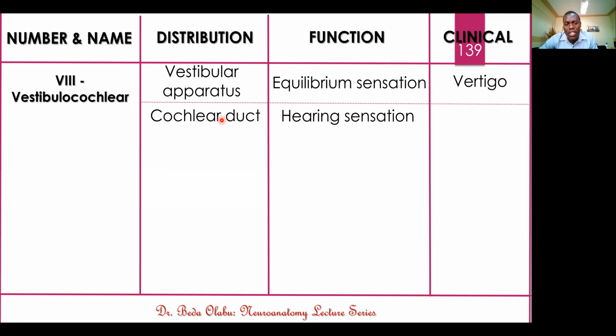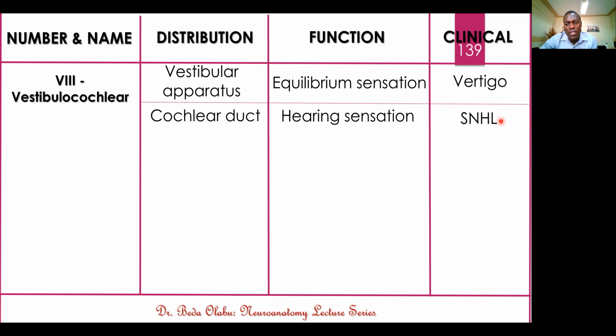If you then injure the cochlear nerve, you will lose hearing, and that's what we call hearing loss. But there are two types of hearing losses. We have what we call conduction hearing loss, or conductive hearing loss. And the second one is the sensory neuron hearing loss.